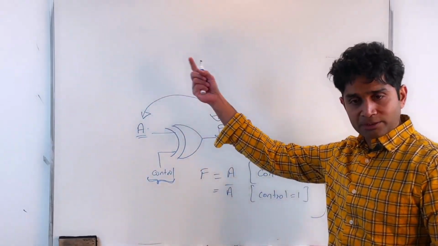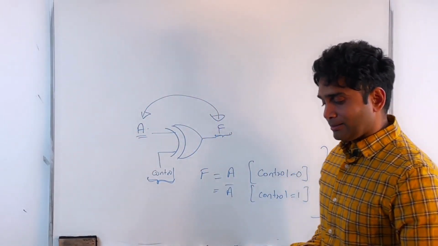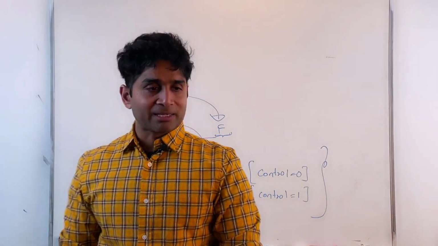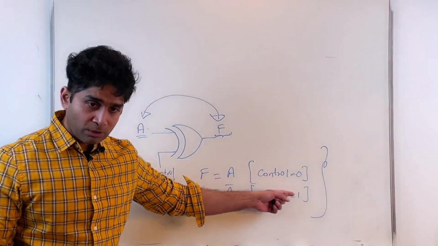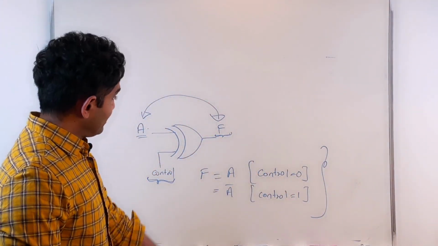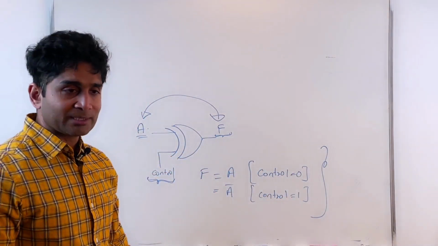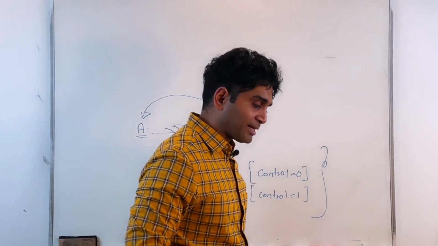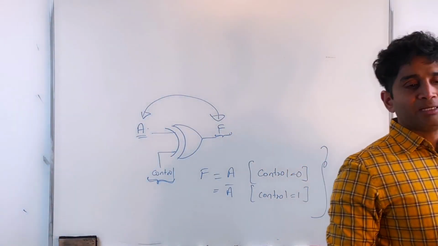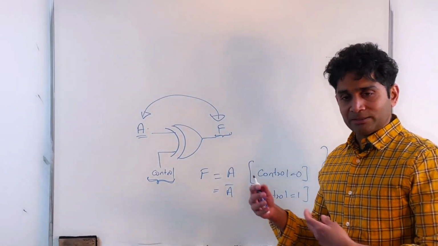And the control input is connected to my C in. And so if I want to add, I apply a control voltage of 0 on my control input, and my B's just go in as B's without getting inverted. So I'm configuring my circuit as an adder circuit in that instance. A gets added to B, and I get the sum.